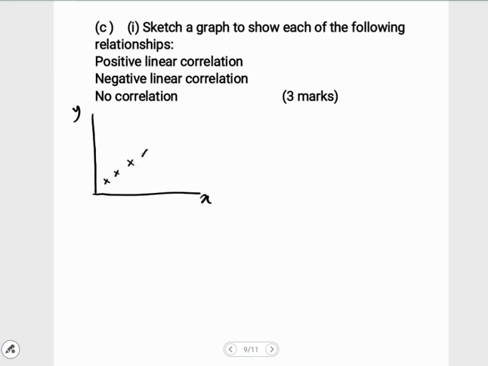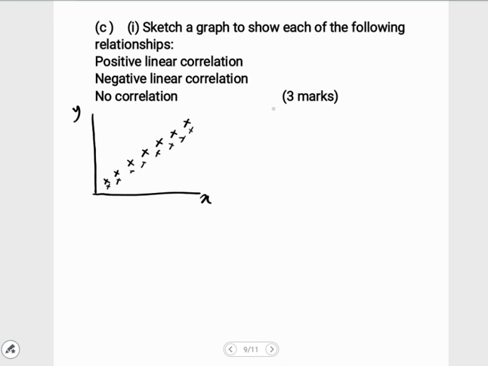They should be aligned such that an increase in y brings about a corresponding increase in x, or an increase in x corresponds to an increase in y. So we'll have dots aligned this way. If they are aligned this way, we say they are positively correlated. So we have a positive linear correlation.